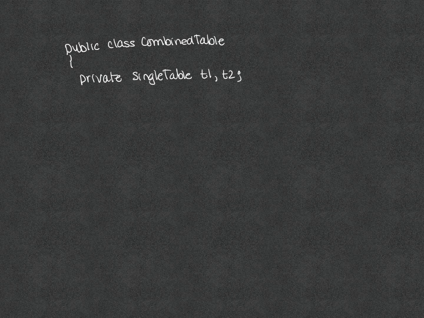So next thing is our constructor. Remember, our constructor has the same name as the class, so public combined table. We pass in 2 single tables. So I'm going to call that T1 just so it's different.